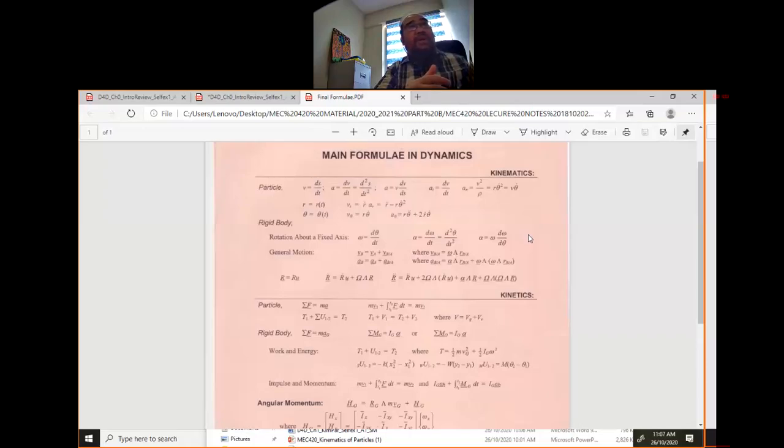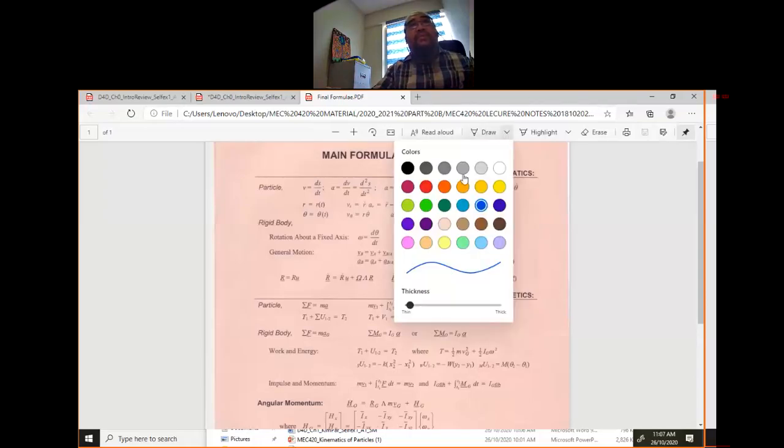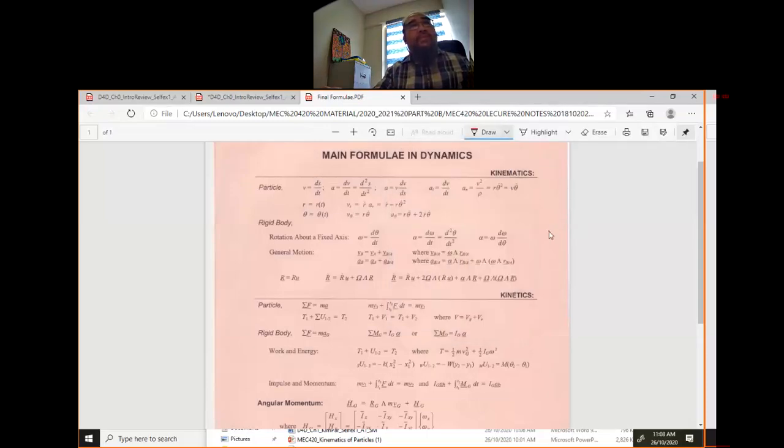For example, here, she is quite familiar with this. This is A tangential, A normal. This is particle linear. And R theta is polar already.